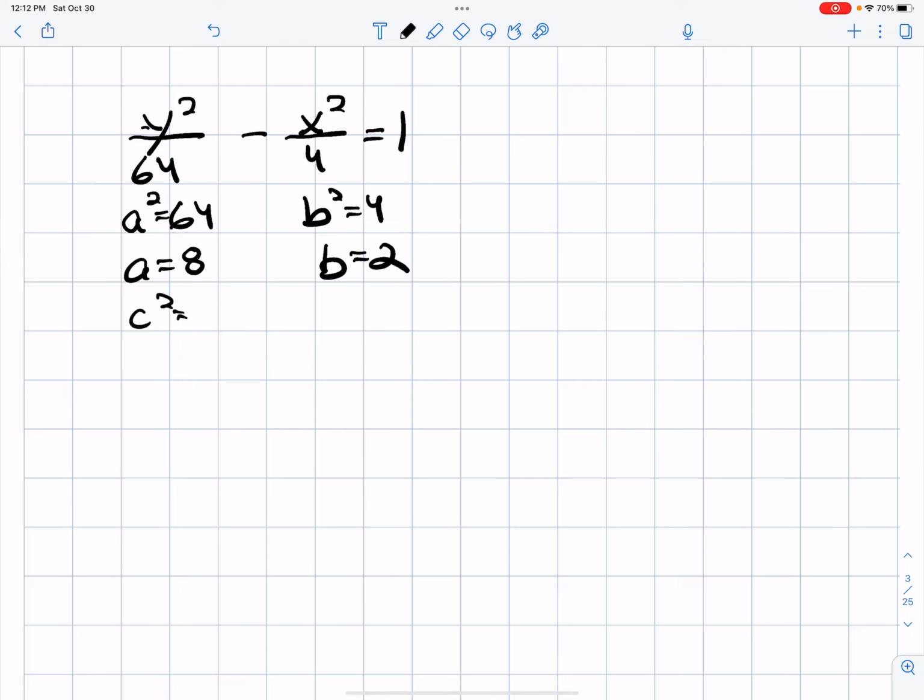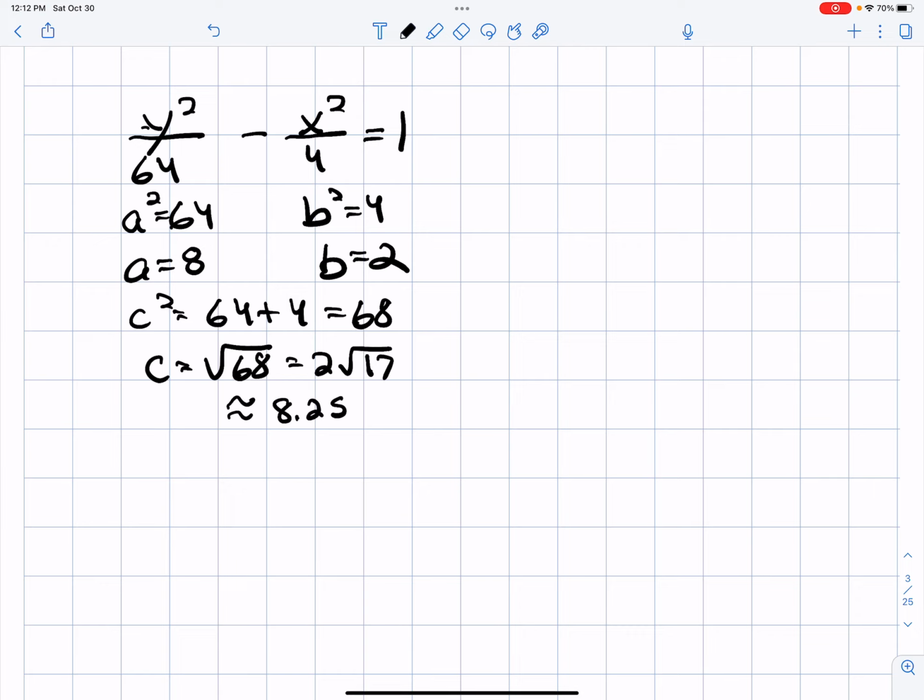C squared is going to be the 64 plus 4, so a squared plus b squared, which is 68. So for c, we're looking at the square root of 68, or 2 square roots of 17, which is approximately 8.25. So our vertices are still associated with a, except now it's along the y-axis.